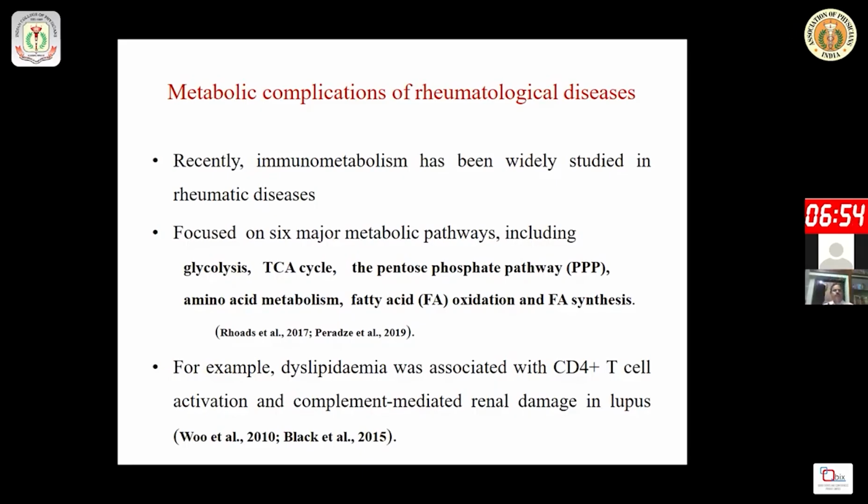There has been a lot of research on lipid metabolism for years, and the output of this research, for example, is that dyslipidemia is associated with CD4 cell activation and complement-mediated renal damage in lupus. Next.